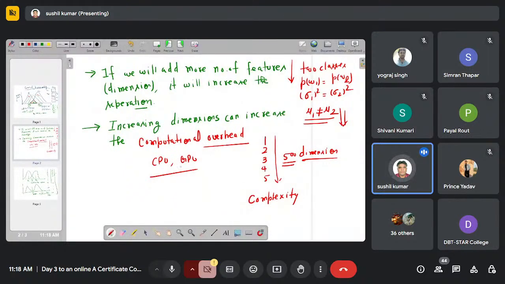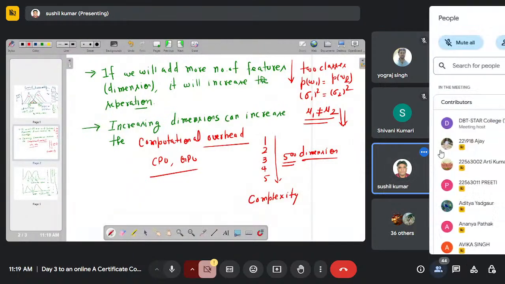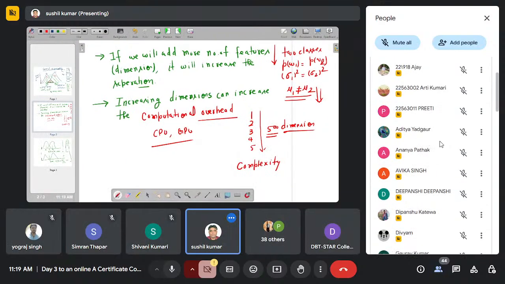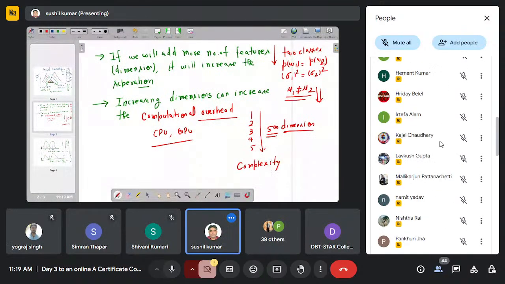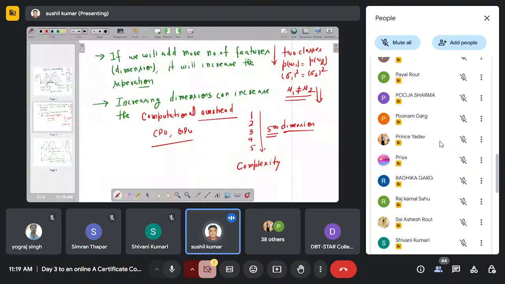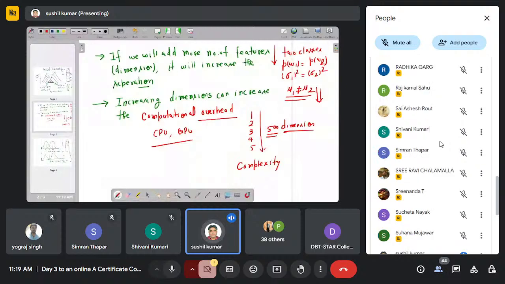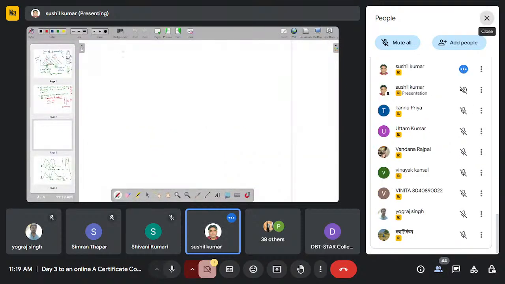Okay, so increasing the number of features in your problem will create another issue. Actually, the issue is complexity. Okay, so complexity, how is it more actually here? So let me discuss.